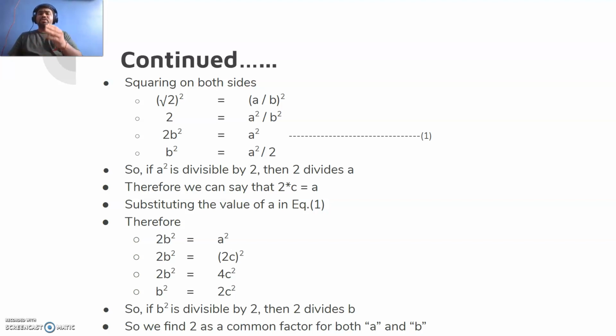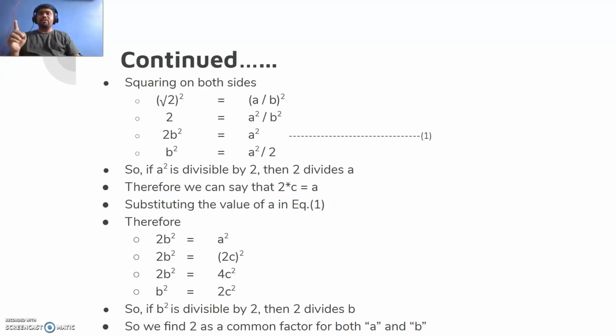So if b square is divisible by 2, then again we can say that b is divisible by 2, as by some mathematical formula it has been proven that if a particular number's square is divisible by any particular prime number, then that number is divisible by that prime number. So using this technique, we can see that both a and b are having one common factor, that is 2.